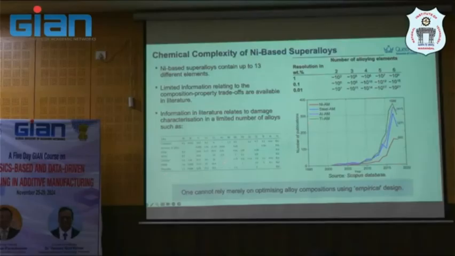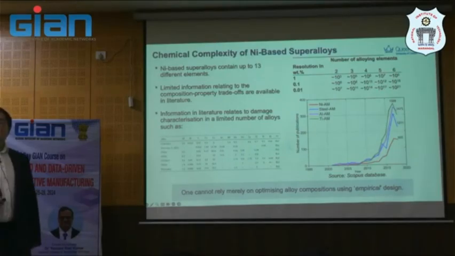And that means if you want to vary the composition, if the resolution is 1 weight %, if you have only 2 alloy elements, you already have 1,000 choices that you can choose. But if your resolution is 1 weight %, but 6 principal elements, you will have about 1 billion choices.